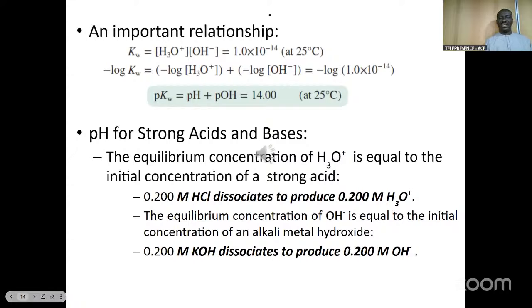Okay, so what I'm trying to say is that we have established that H plus times OH minus for any aqueous system is 1 to the power of minus 14.